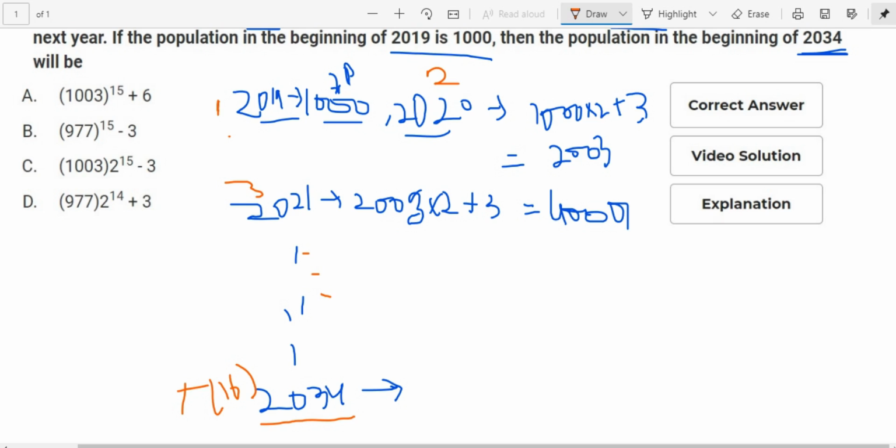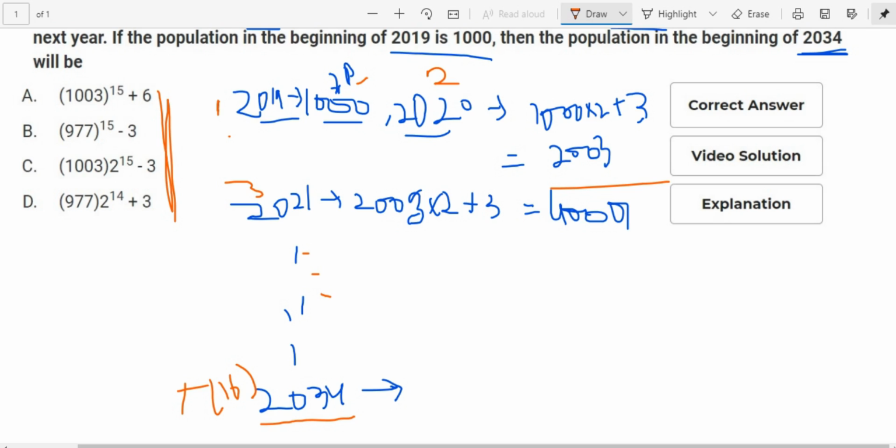If we calculate the rough values, here it is 1000 in the year 2019, and in the next year, that is 2020, it will become 2003. It will double plus 3, and in the next year it will double again and again add 3.